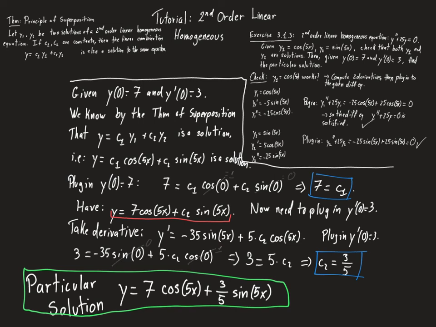Alright, that's all I have for this problem, but I do want to leave you guys with just I guess, 1 or 2 comments on, I believe, the last question that I put on homework number 5.